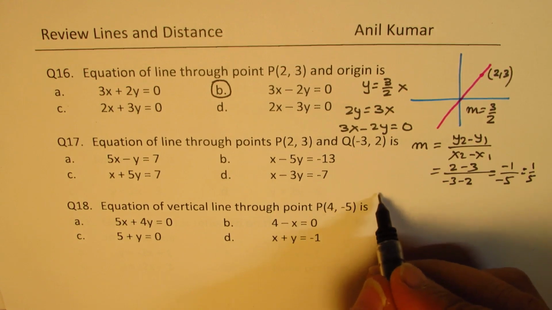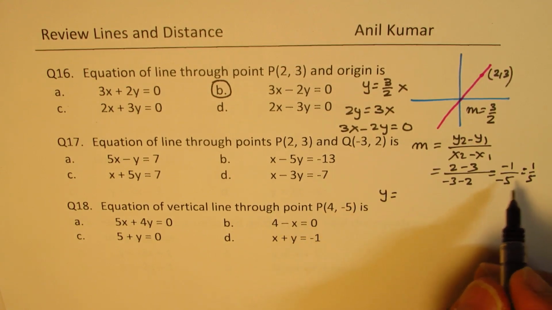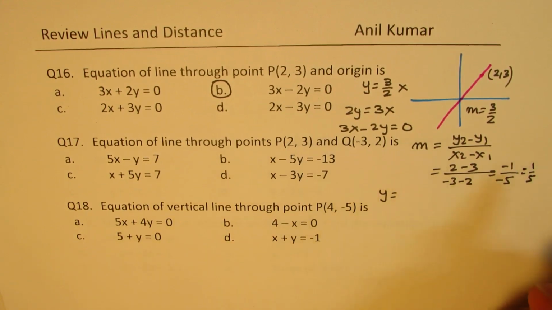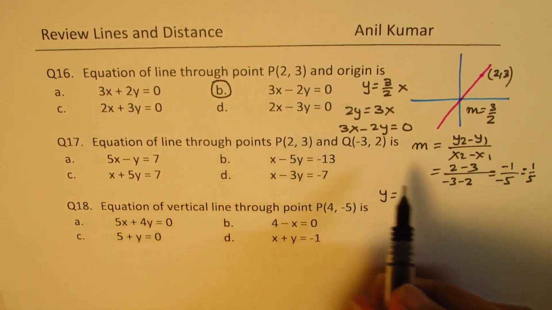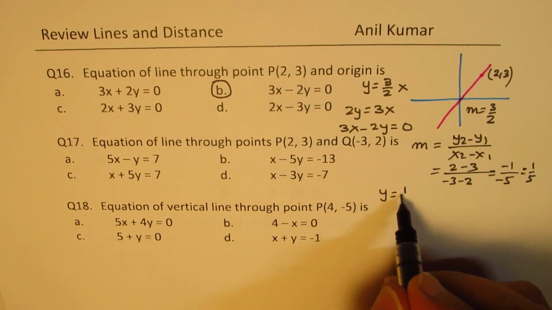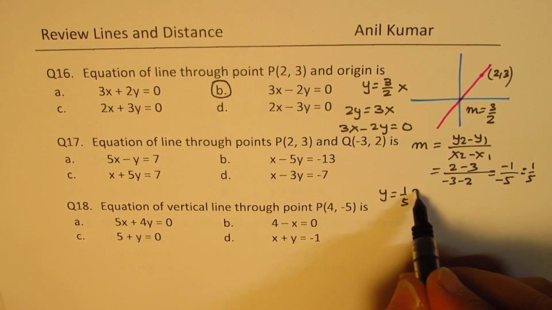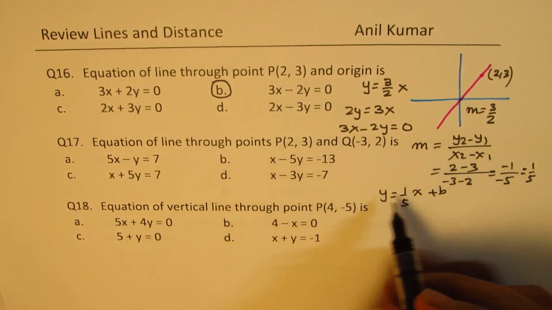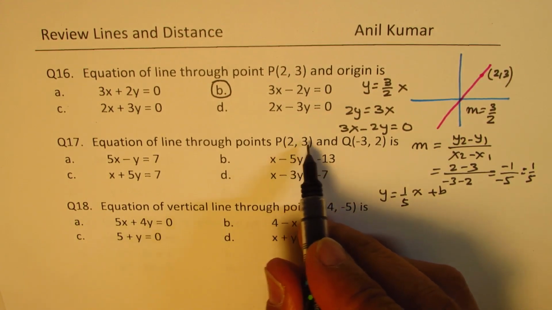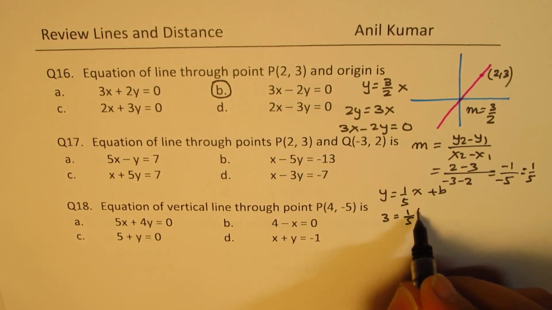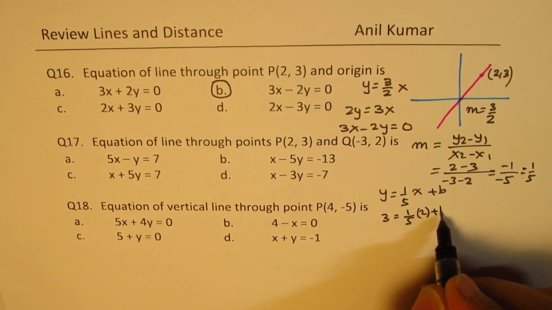So we can write y minus y1, choose any one point, correct? Or you can write with the slope, y equals 1 over 5 x plus b. Now use the point 2, 3, for example. When I write 2 for x, 3 for y, we get 3 equals 1 over 5 times 2 plus b.